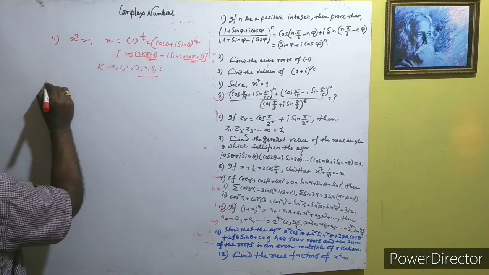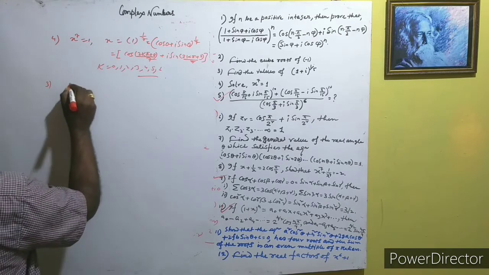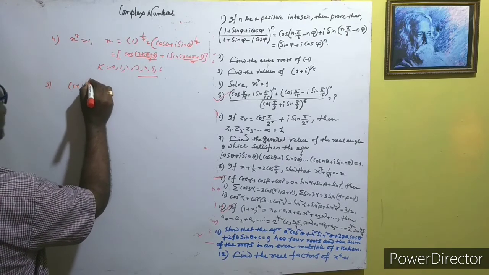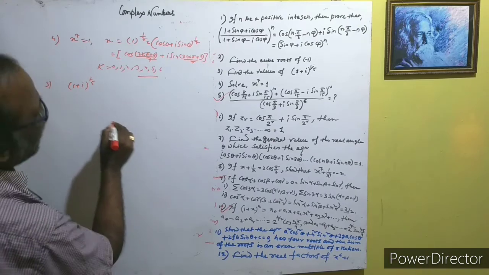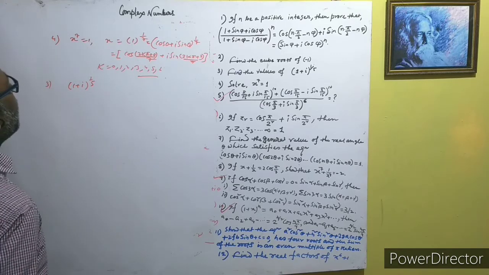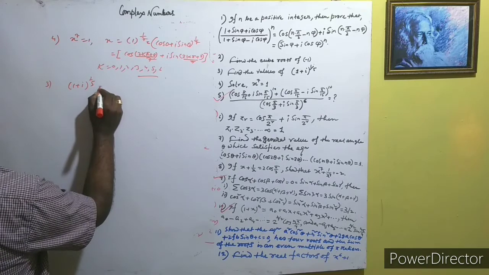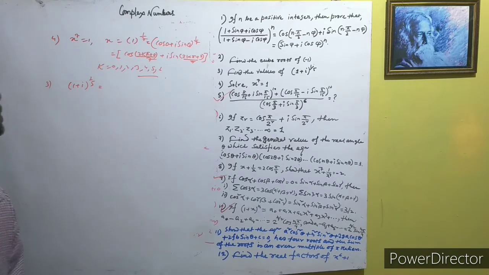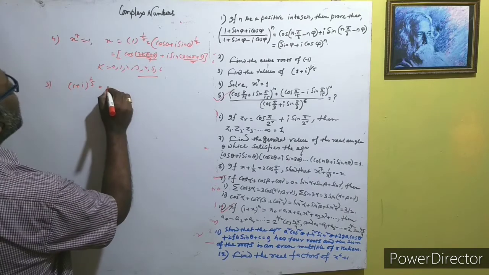And for question number 3, here is (1 plus i) to the power 1/5. You see that this is also power 1/5, so there is more than one solution, there are 5 solutions. Now we want to express it in cos theta plus i sin theta form.